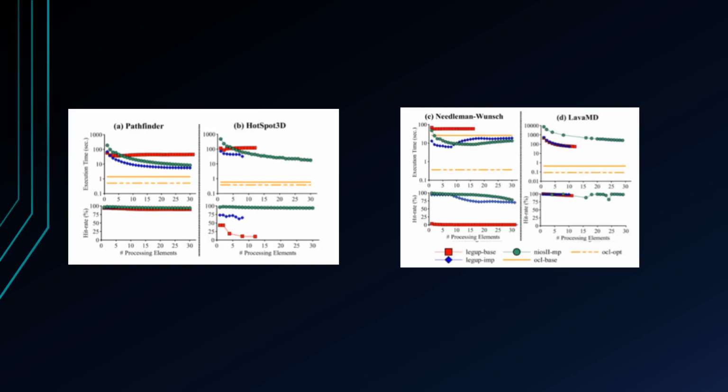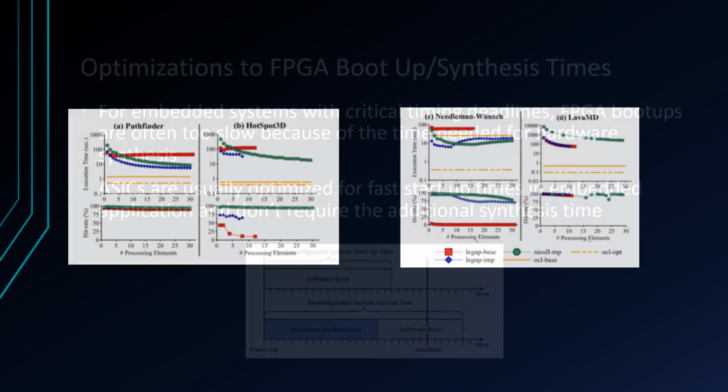The takeaway here was that software optimizations can provide huge speedups in FPGA performance, and so shouldn't be neglected when considering optimization of the overall system.